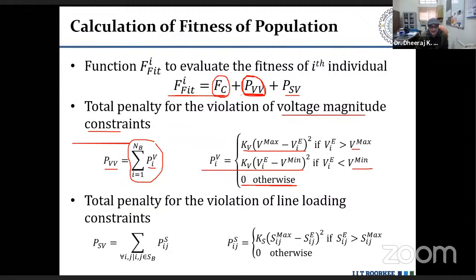Even though this value is minimum for any particular ith individual, this ith individual is not satisfying a given constraint, so some value is added, so overall fitness will be more. So now that particular ith individual will not be optimal anymore.